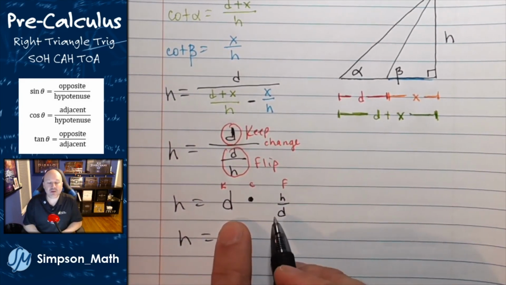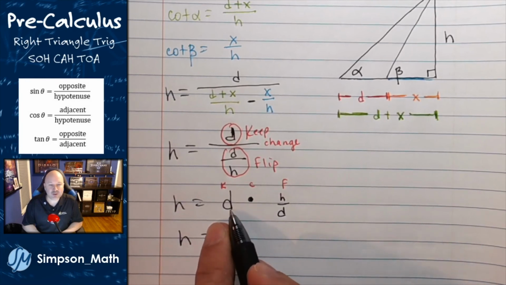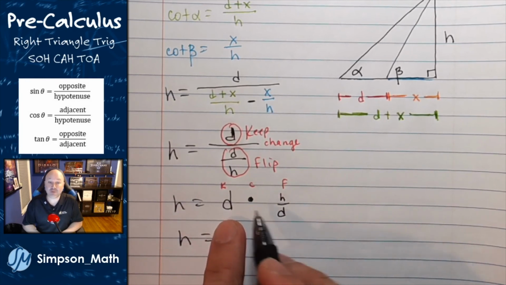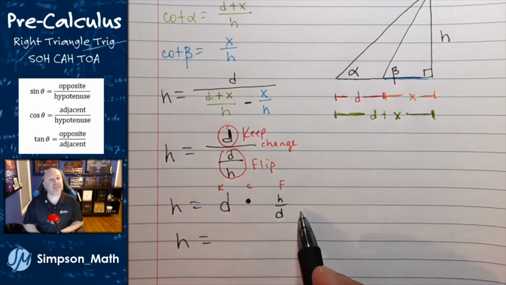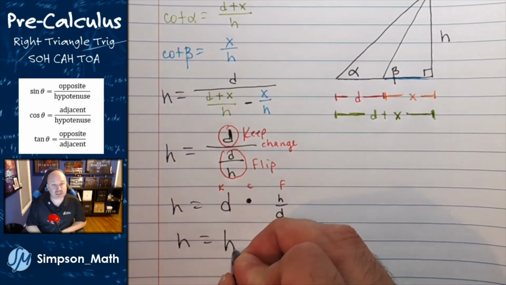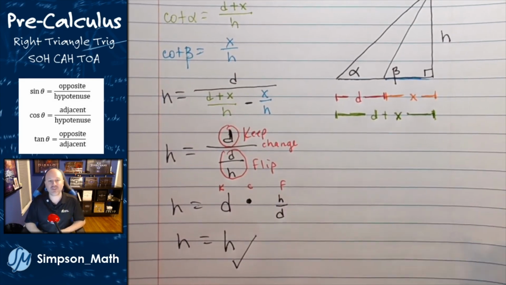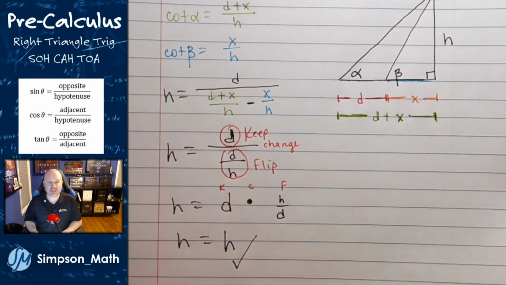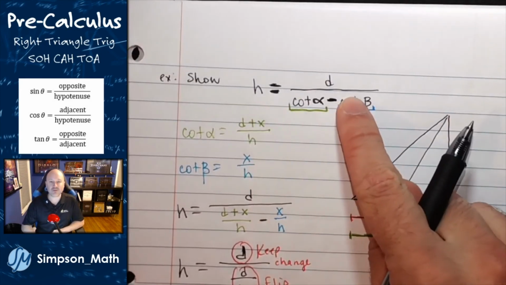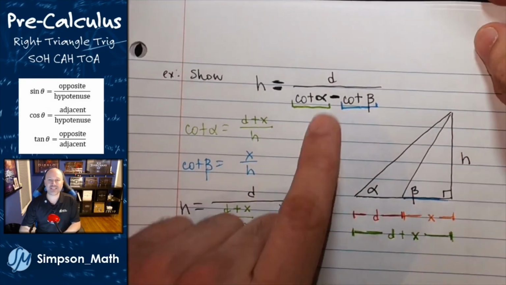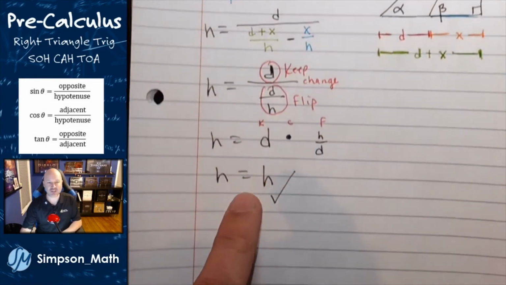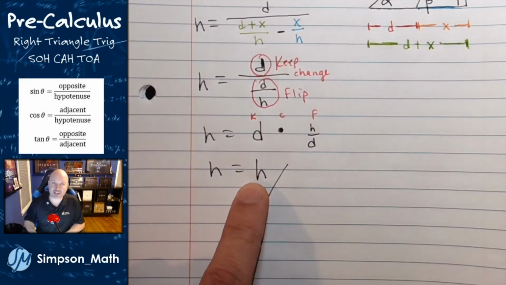And when you multiply straight across like this, the d in the numerator position and the d in the denominator position will reduce, leaving us with just h. So yes, we have shown that that equation is true. These two statements are equal. When I simplified the right-hand side of the equation, I got the left-hand side of the equation.